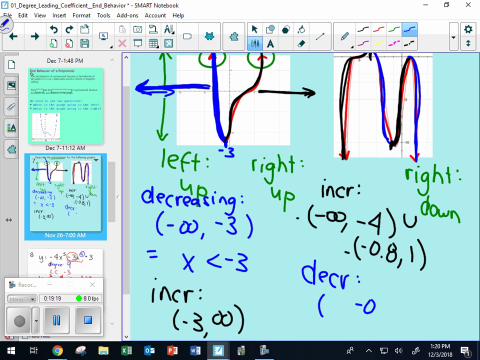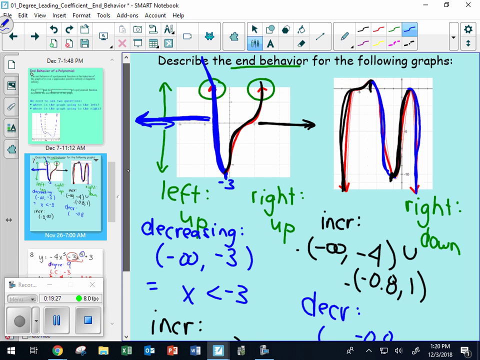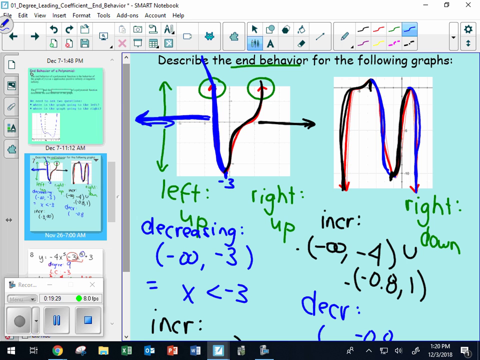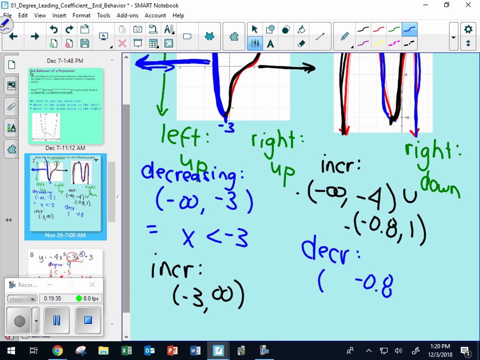Negative 0.8? Okay. And where does it go to? We want to go from left to right, though. So where should we start? Negative 4-ish. To negative 0.8-ish.